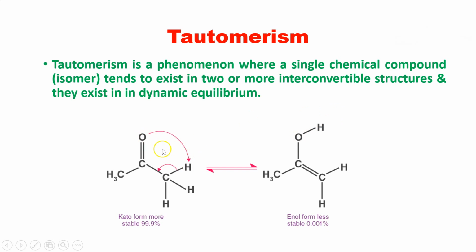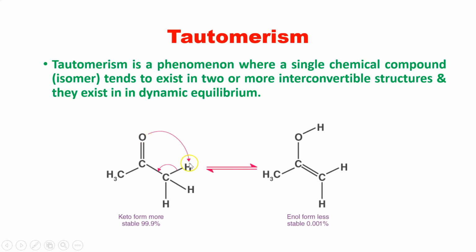Always remember that this arrow is for transfer of electrons. It is not for replacing the hydrogen over here. Many students, whenever they are transferring hydrogen over here, write the arrow in the opposite direction.